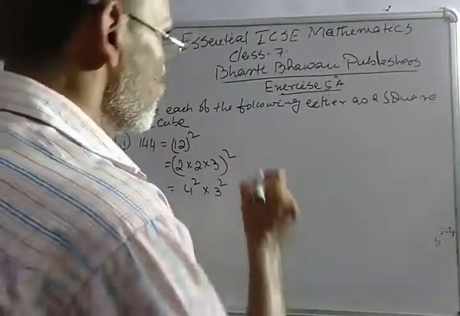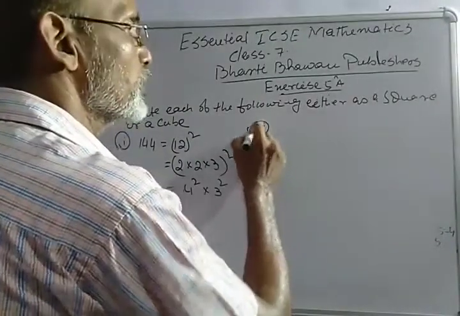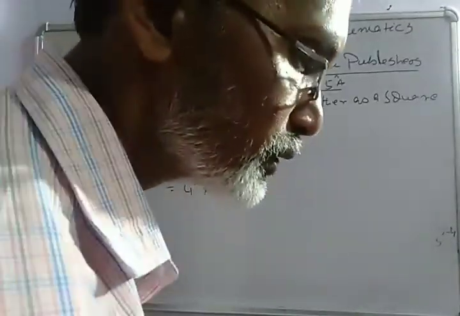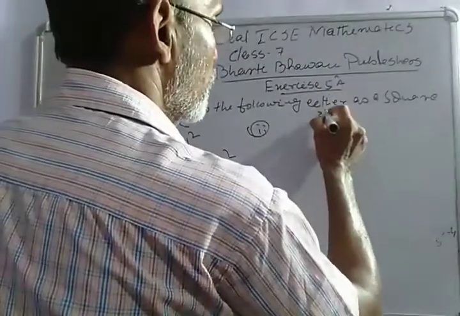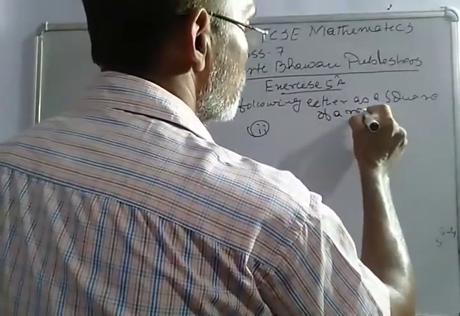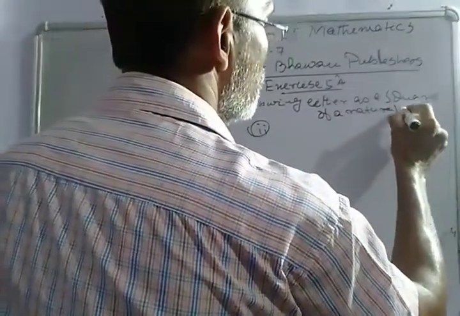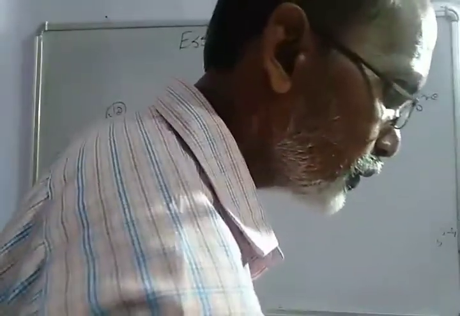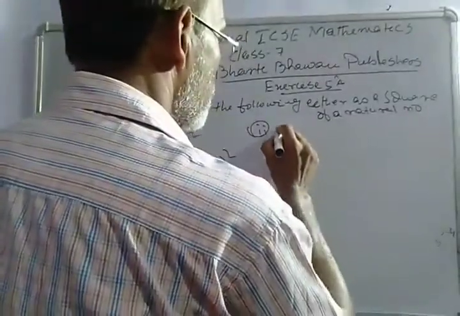Then the next one, 12 bit 2, of a natural number. Number 2, 512.